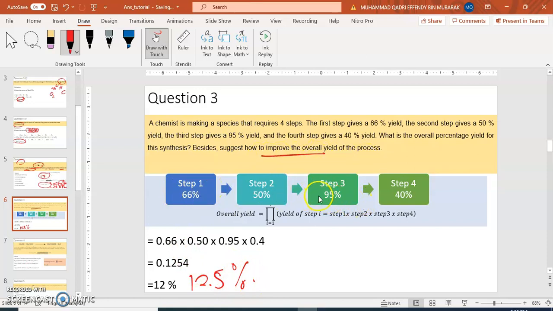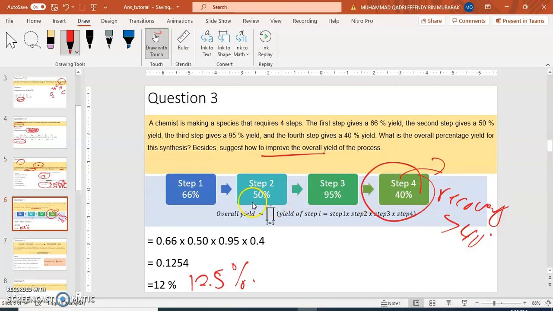So we need to find the smallest number. The smallest number here is this one. So that's why we can say that to improve the overall percentage, we need to improve step 4. If we can get a recovery of more than 40%, this step is improved.